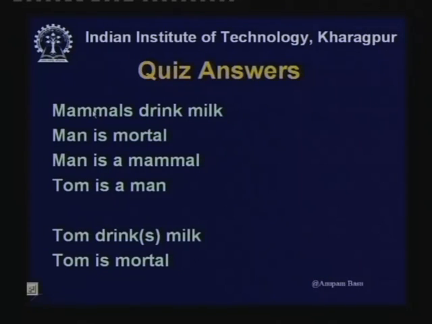That is obvious to common sense, but if you had tried the techniques that we had discussed like modus ponens and resolution, probably you will not be able to prove these mechanically with the information that was provided. There is a subtle difference here. Intuitively you are able to derive that Tom drinks milk, but what is the mechanism going on behind this reasoning?